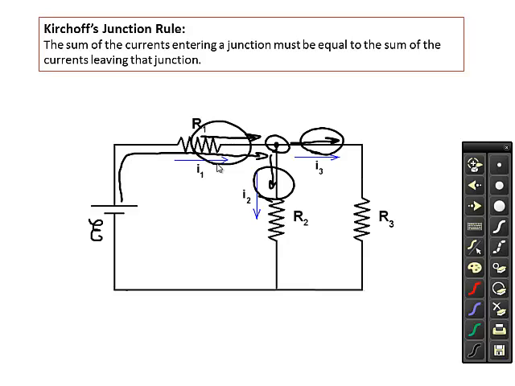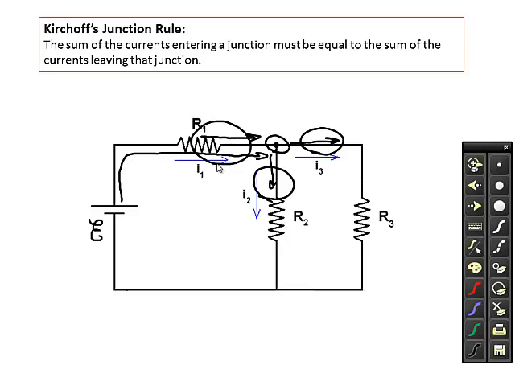They won't crash into something and get stuck. You're going to have the same amount. So make sure there's a strict division in your head between current and potential difference. That's huge. Once you get that, these problems aren't so terrible. All right, so the junction rule kind of makes some sense.